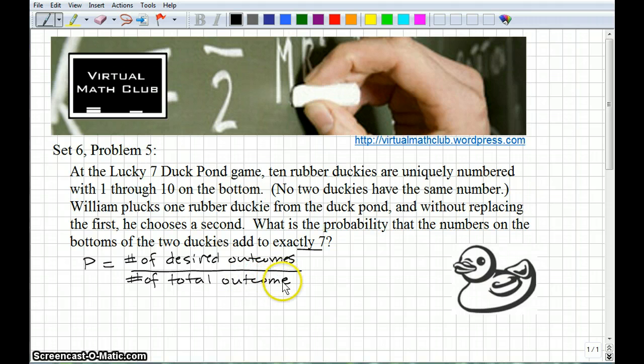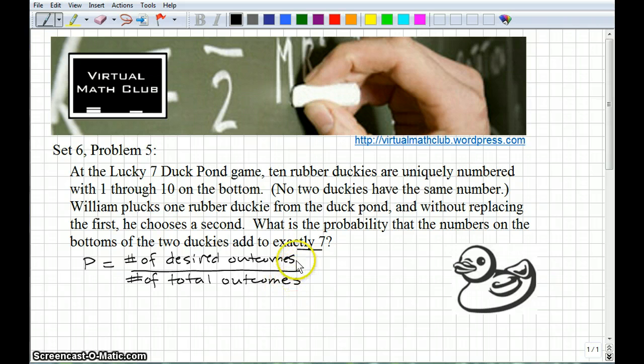So the denominator would be the total number of ways that you could choose the ducks. We need to figure out how many ways you can make 7 from the numbers on the bottoms of two ducks, and divide that by the total number of ways that you could get two ducks.